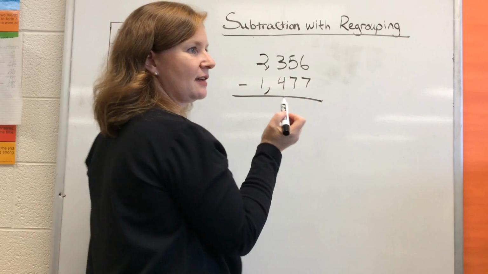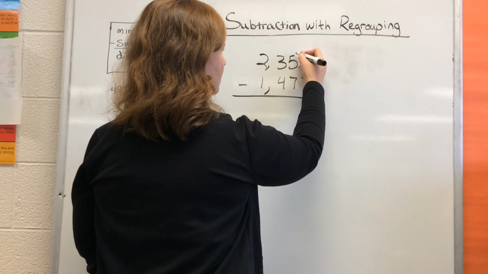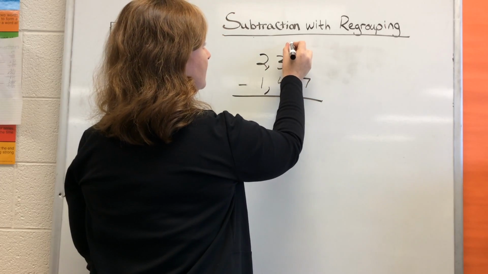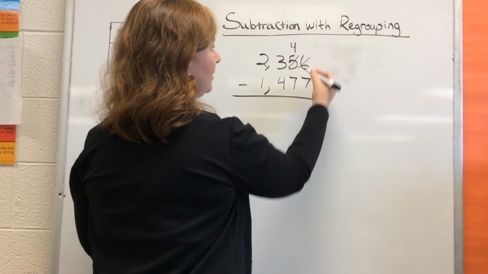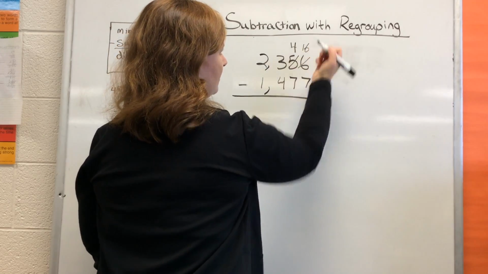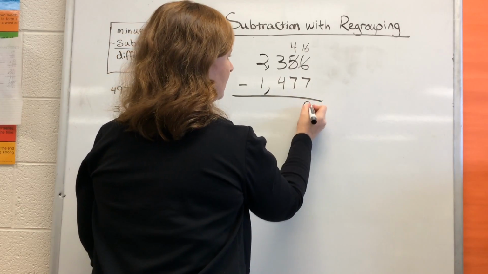Subtracting 6 minus 7. 7 is bigger than 6, so I cannot subtract that. I'm going to cross off 6 and the digit next to it. Subtract 1 from this digit, so 5 becomes a 4. Put a 1 in front of the 6, in other words, adding 10. That becomes a 16. Now I can do this. 16 minus 7 is 9.